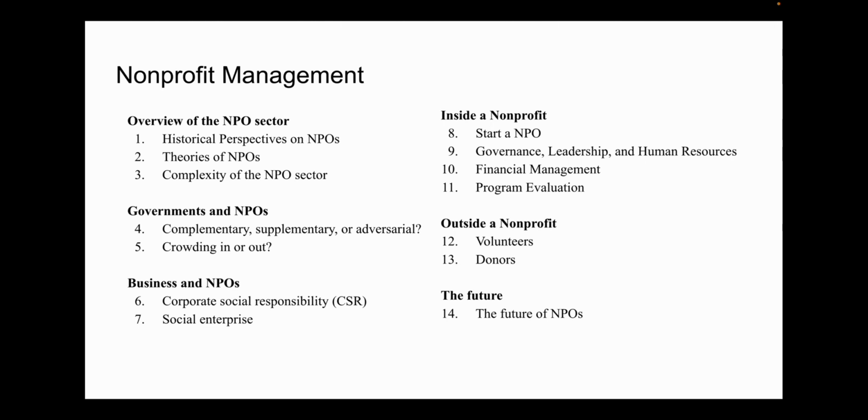It may vary across different nonprofit service areas and the size and history, etc. And also we'll look at how government funding influences other revenue sources for nonprofit organizations, with crowding out, for example, private donations to nonprofit organizations being crowded out if you receive government money for a nonprofit.